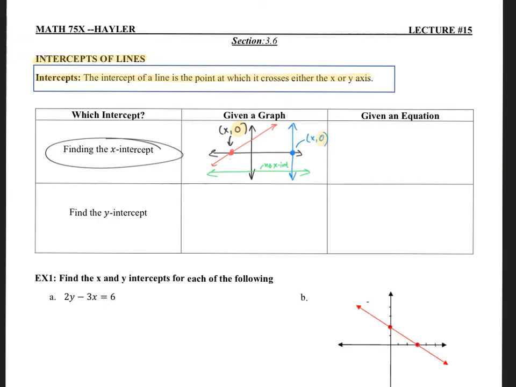So because we know this, a sneaky thing we can do is, if I'm given an equation, let's say, for example, y equals 2x plus 1, to find the x-intercept, I'm just going to set y to 0, because I know when y is 0, that's going to be my x-intercept. So set y equal to 0.